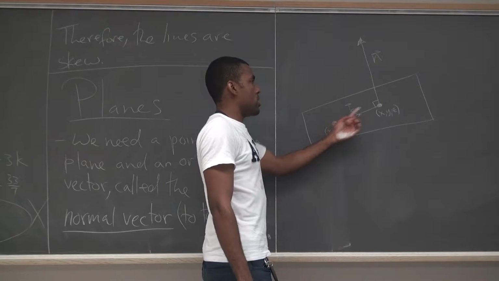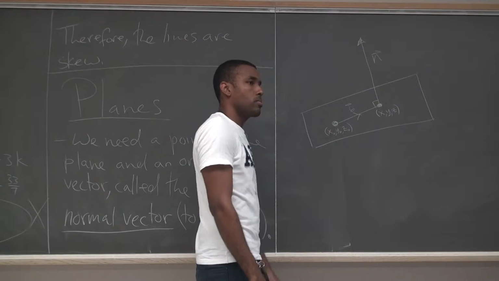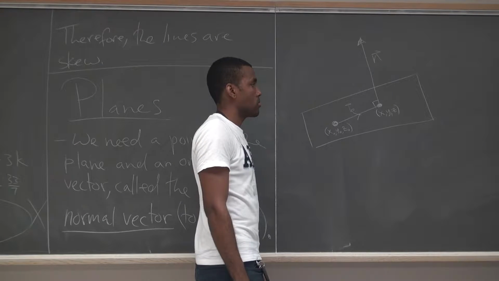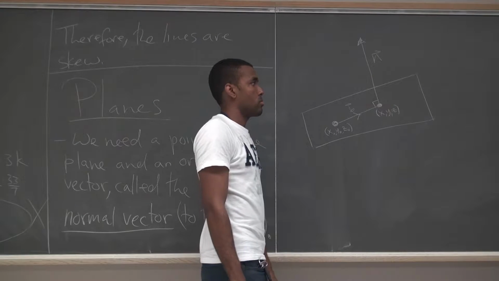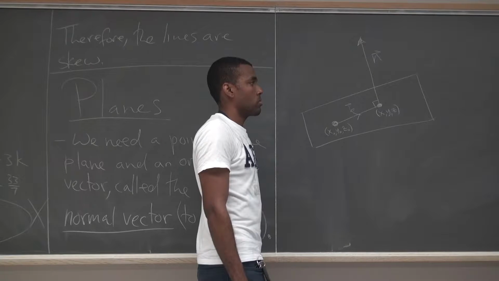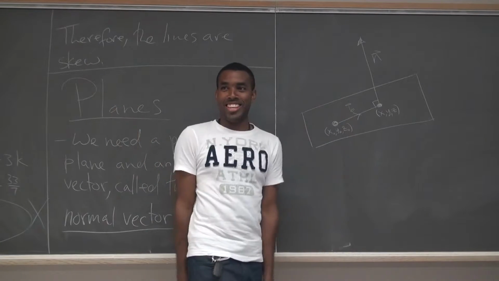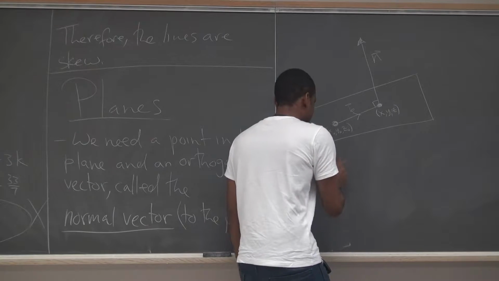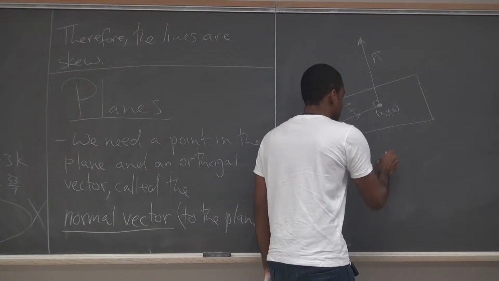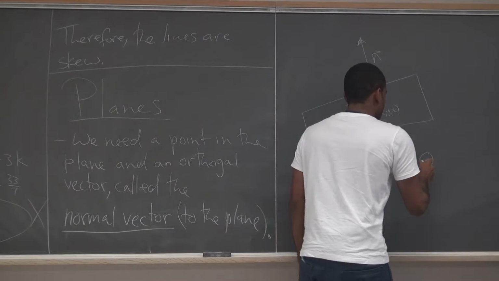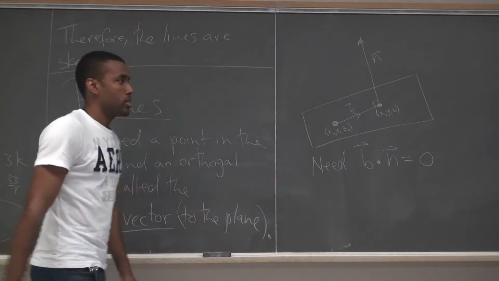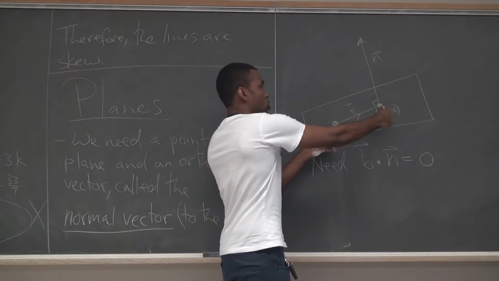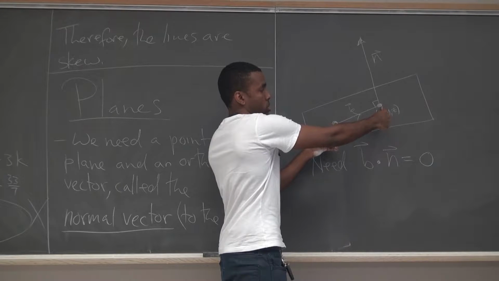How would I know that B is orthogonal to N? Dot product, I just asked you guys that like 30 seconds ago. This must be true, right? I know 2 points in the plane, so if I create a vector with those two, I find a vector that's parallel to the plane.